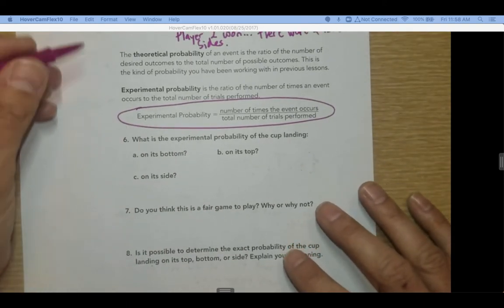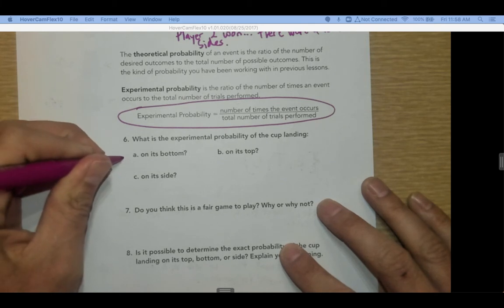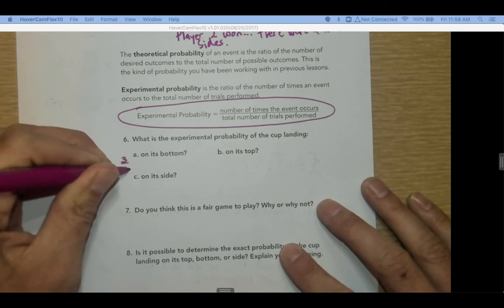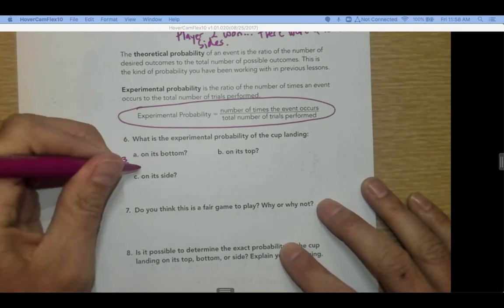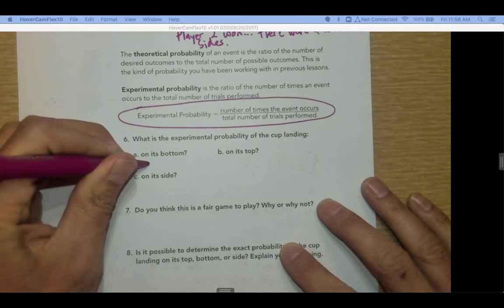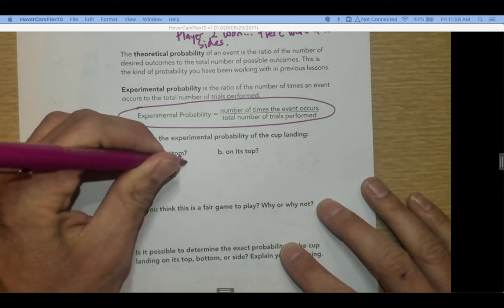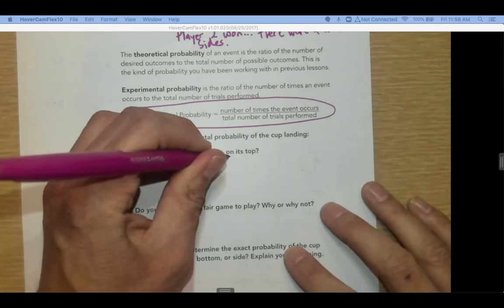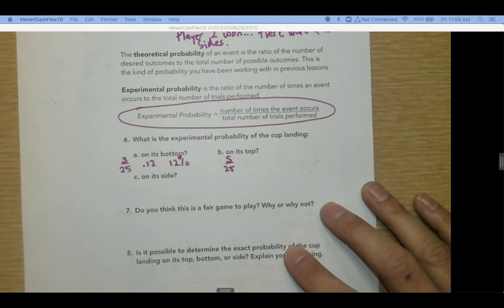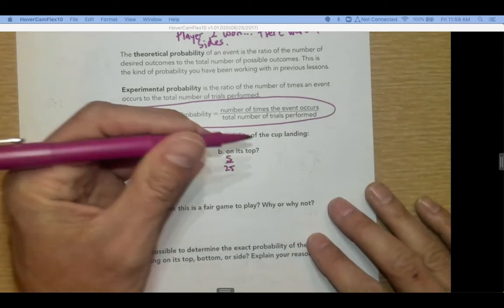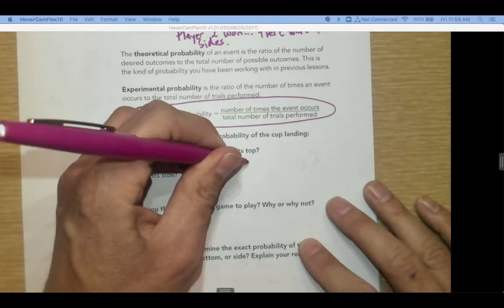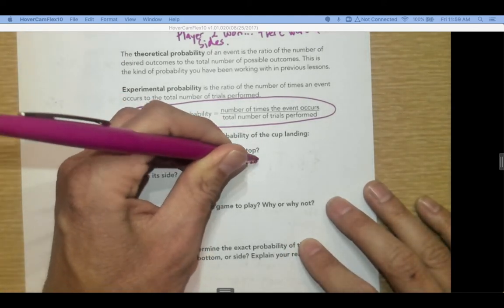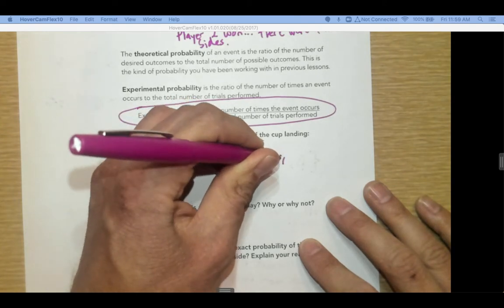So on its bottom was 3 out of 25, which is 0.12 or 12%. On its top was 5 out of 25, or 0.20 or 20%.